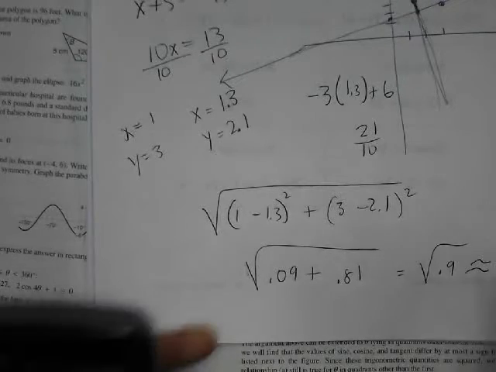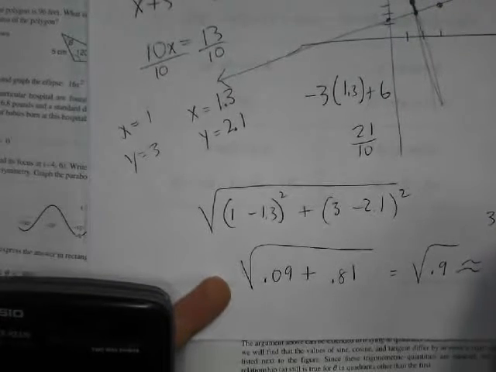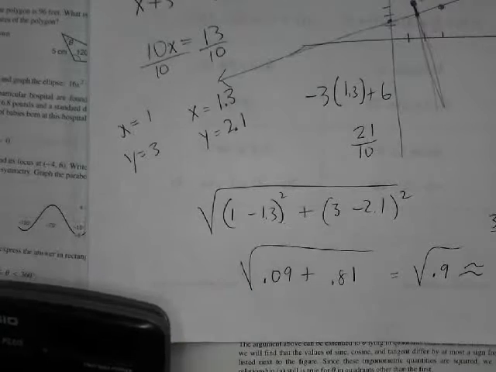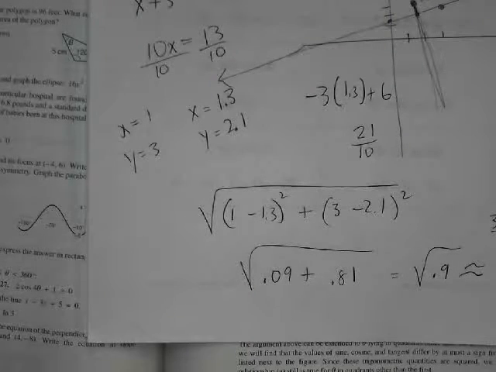Yeah, so if you want it in radical form, it's 3 root 10 over 10, or you could just say it's 0.9486 and so on.